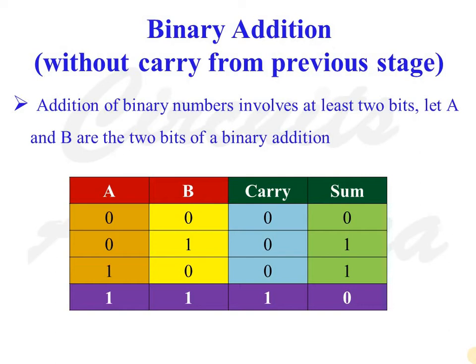That is how sum bit is equal to 0 and carry bit is equal to 1. In other words, if both inputs are 1, then sum bit is equal to 0 and carry bit is equal to 1.